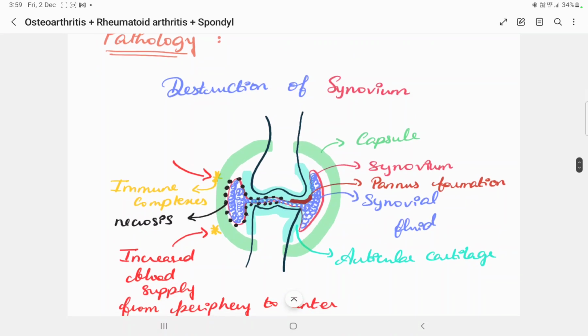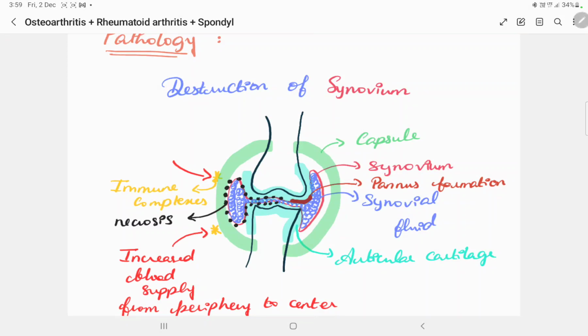When it comes to rheumatoid arthritis pathology, we need to remember two main things. Already we know it is the destruction of the synovium, it is an erosive disease. The main two features that we're going to remember in the pathology part are immune complexes and pannus formation. Since we already know that rheumatoid arthritis is an inflammatory condition, there will be formation of immune complexes.